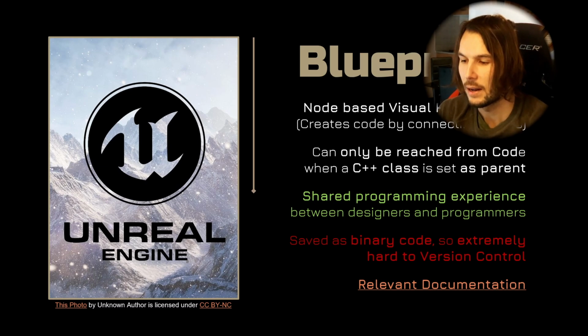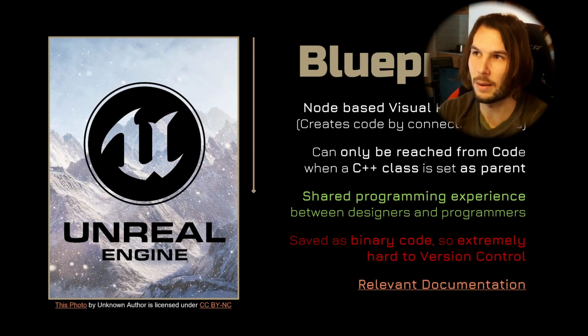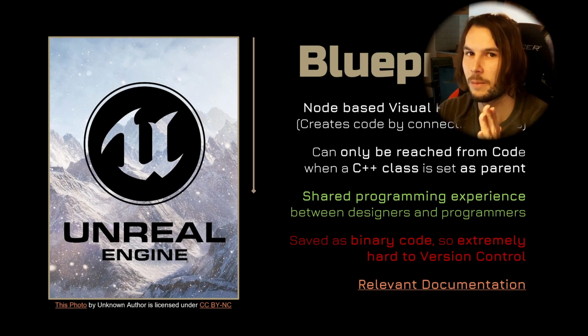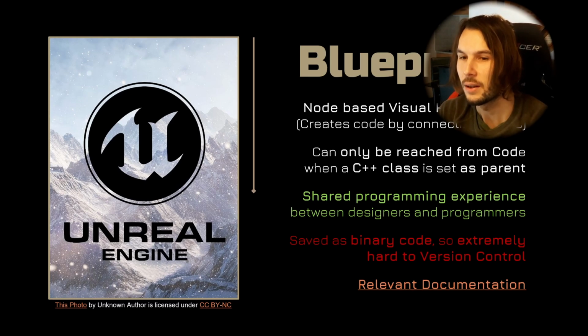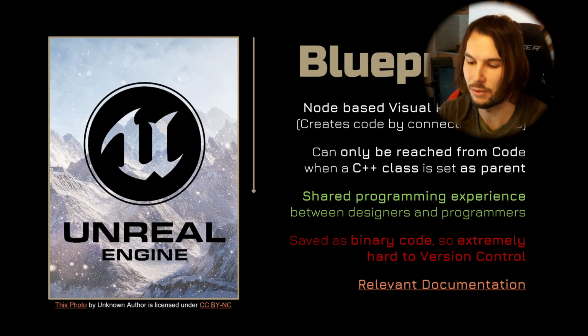Then we also have some troubles with blueprints because they are saved as binary code. And as you can imagine, it's quite hard to version control such binary code. So what you can do is open up the two versions beside each other and then see what has changed. But it's not as easy as, for example, reviewing plain C++ code on GitHub or something like that.